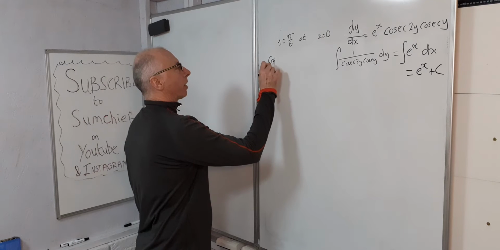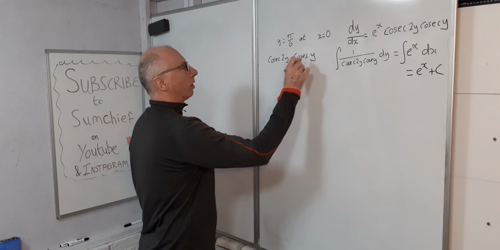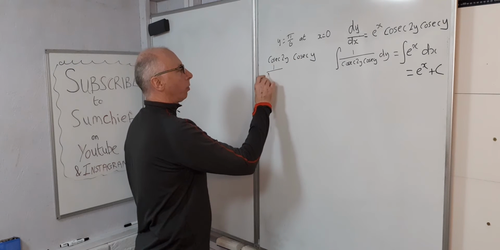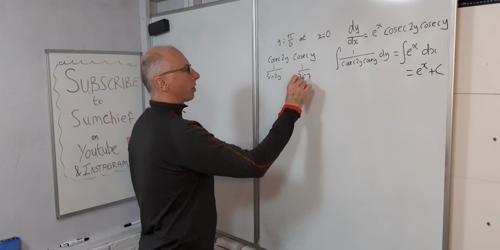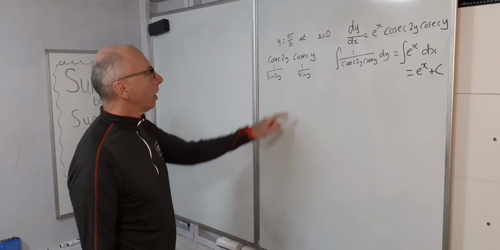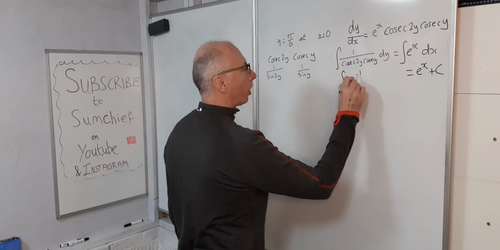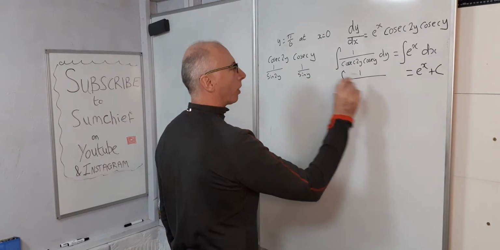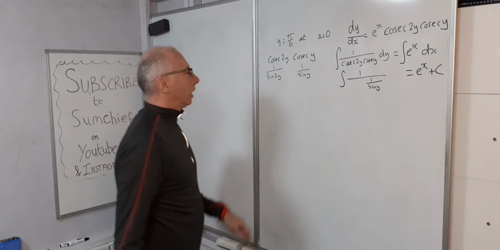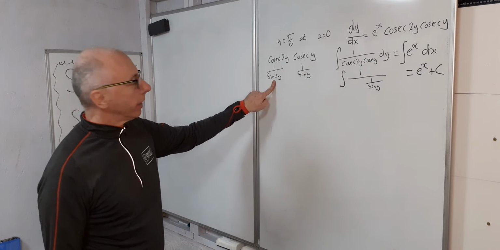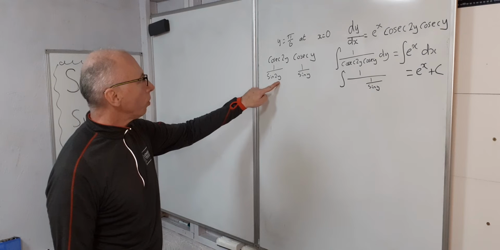Cosec 2y cosec y. So let's take care of those over here. They are equivalent to 1 over sine 2y and 1 over sine y, so we can plug that into our integral: 1 over cosec y is sine y, and 1 over sine 2y. Now a little bit tricky here. We've got y is pi over 6, we haven't got what 2y is.